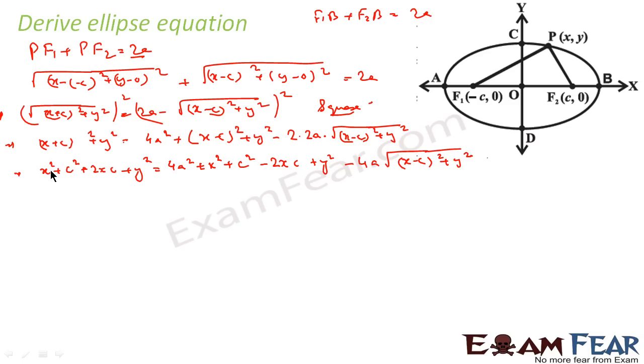Correct? x square cancels on both sides, c square cancels on both sides, y square cancels on both sides. Correct?